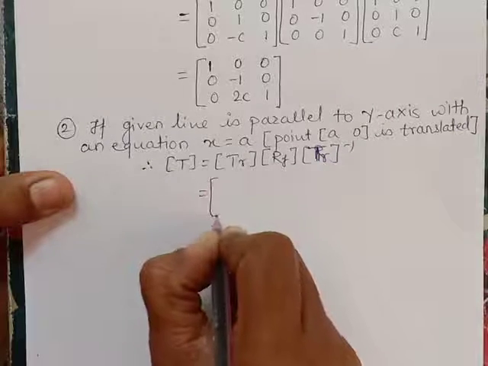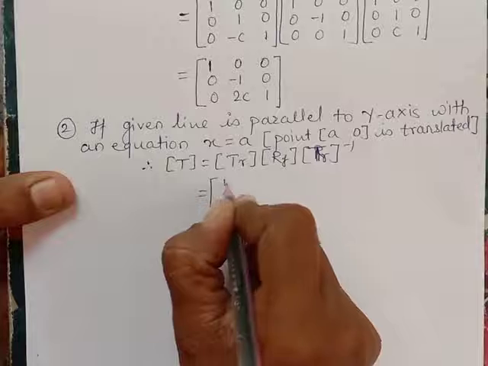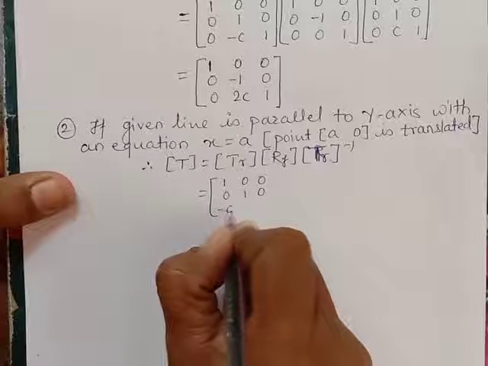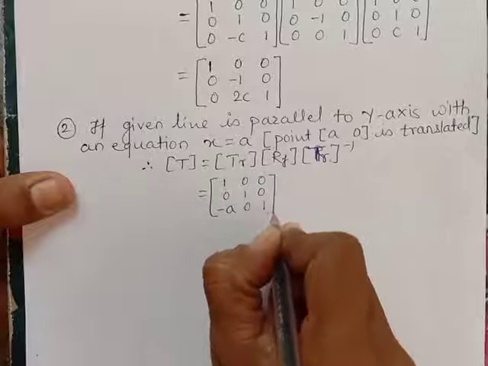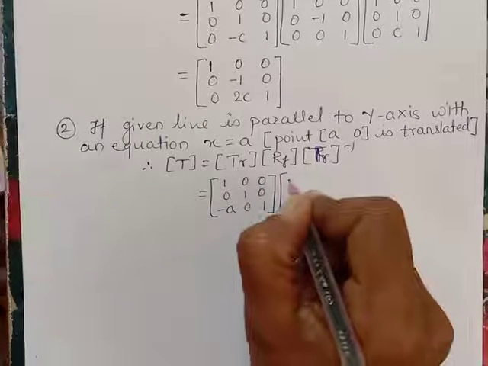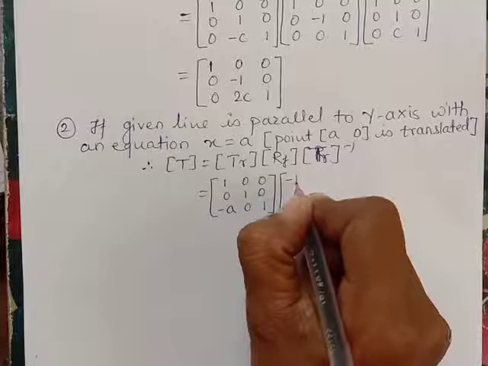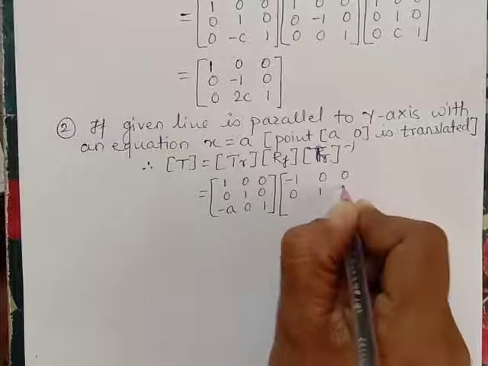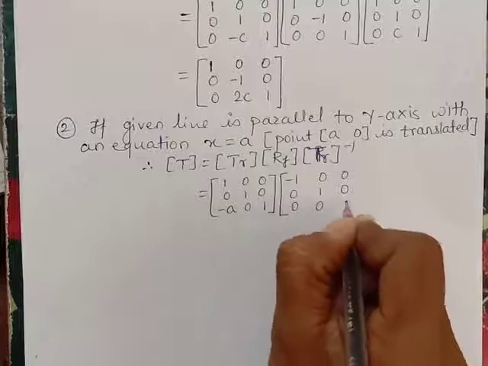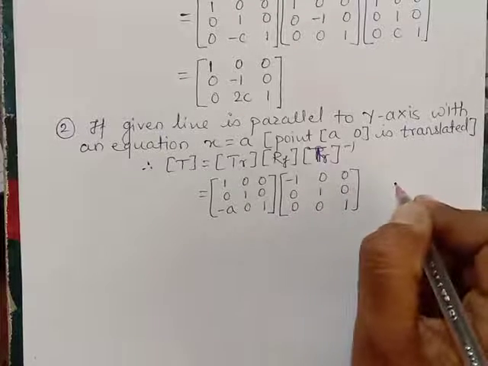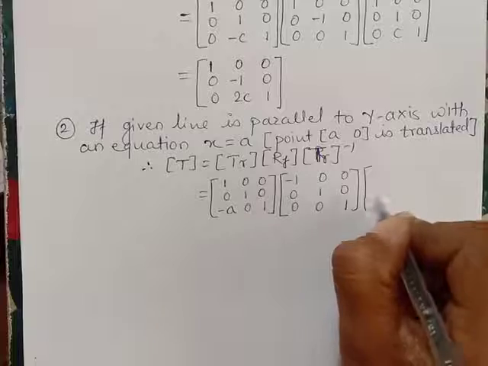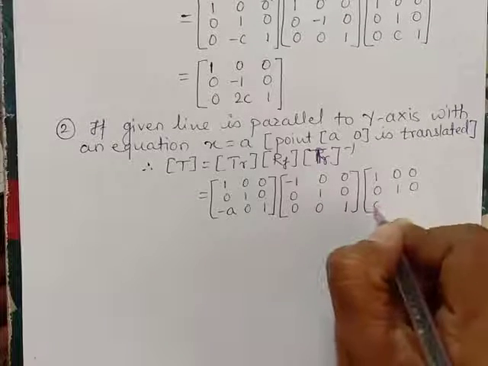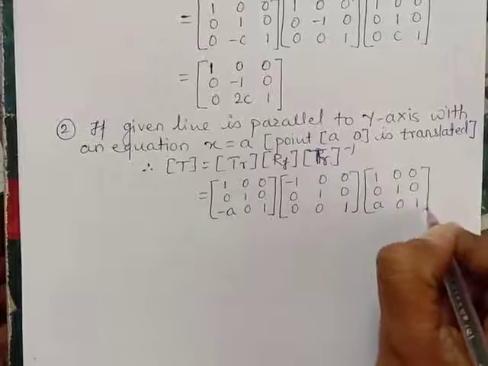So this will be 1 0 0, 0 1 0, minus a 0 1, into reflection through the y-axis, so minus 1 0 0, 0 1 0, 0 0 1, and inverse translation 1 0 0, 0 1 0, a 0 1.